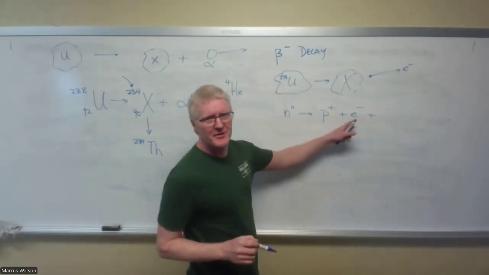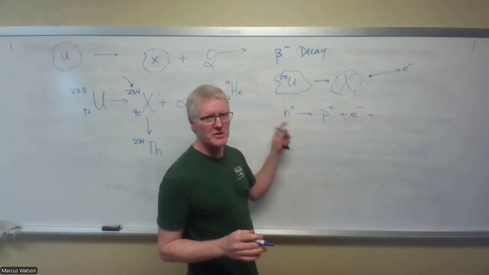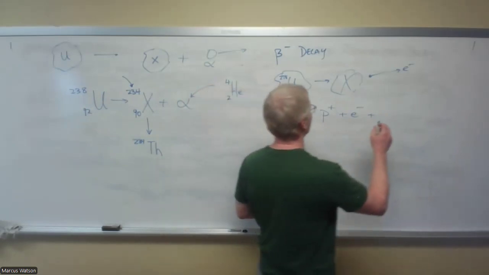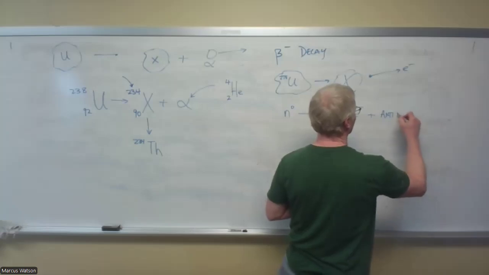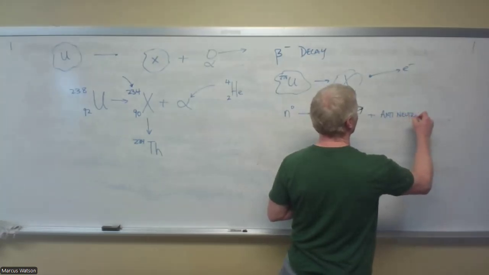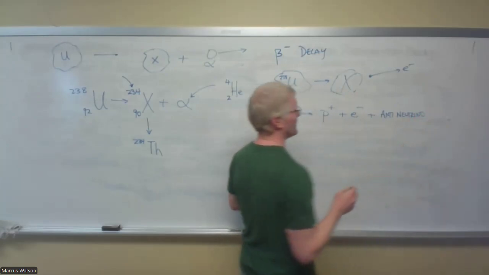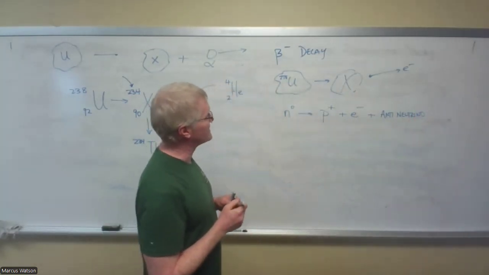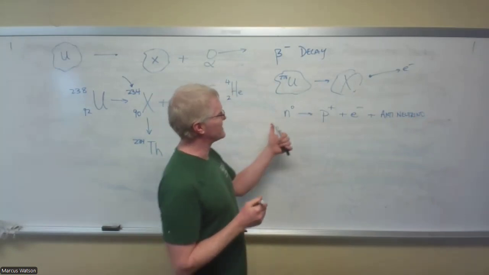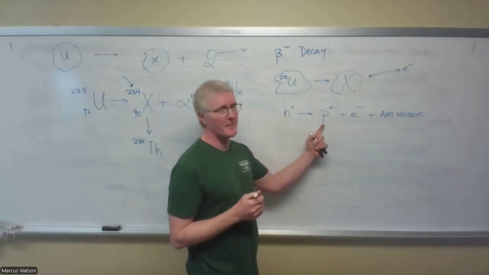And then there's something else in here just to make energy conservation work out right. It's called the antineutrino. We're not going to talk any more about that, but nonetheless, this is the situation of a neutron becoming a proton.